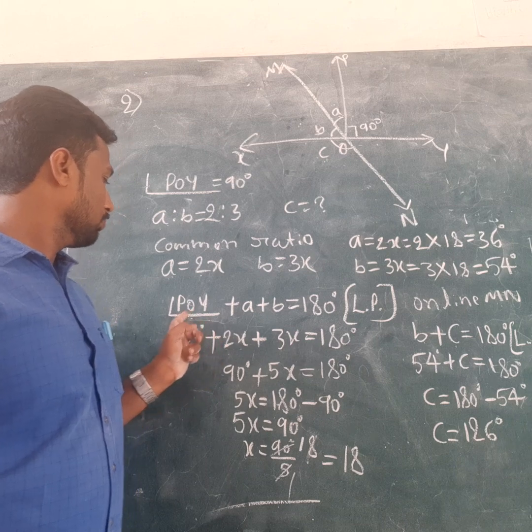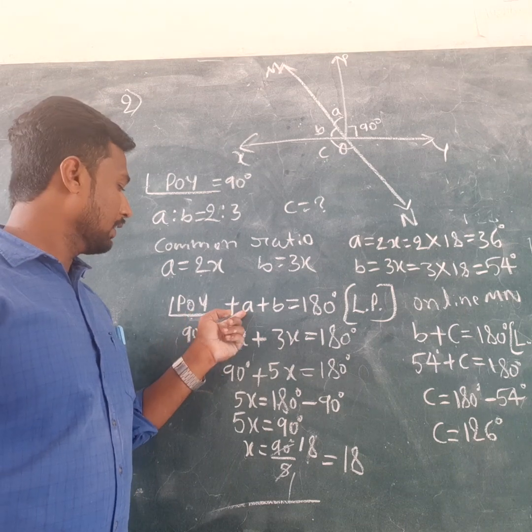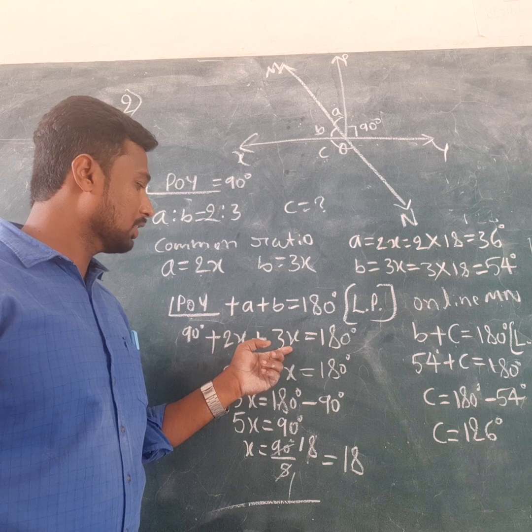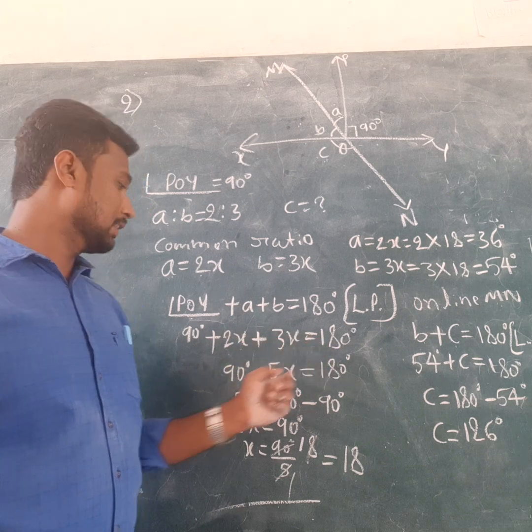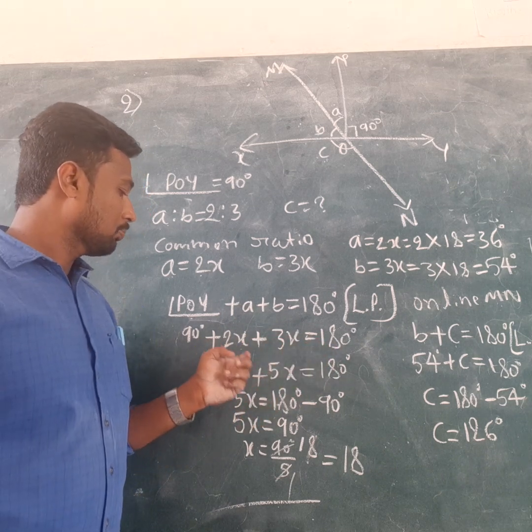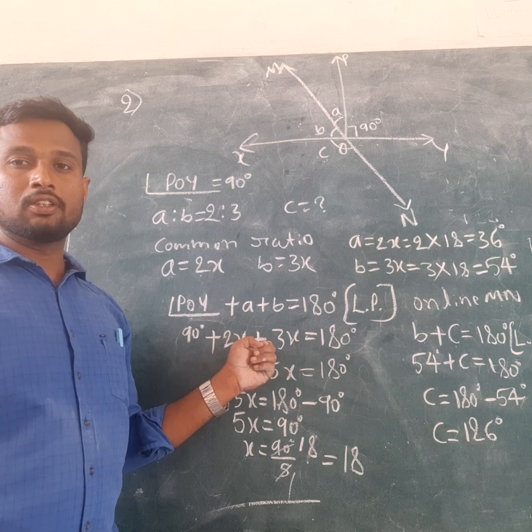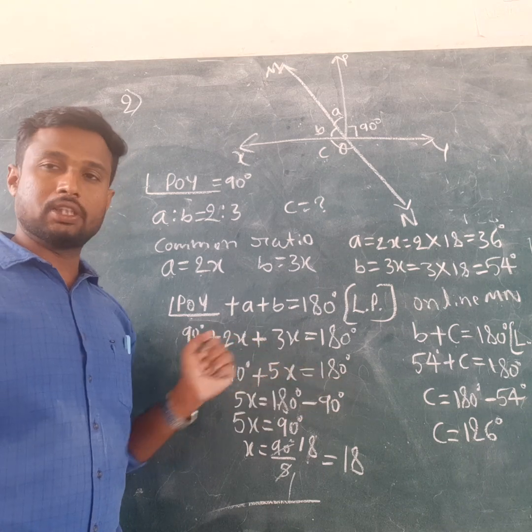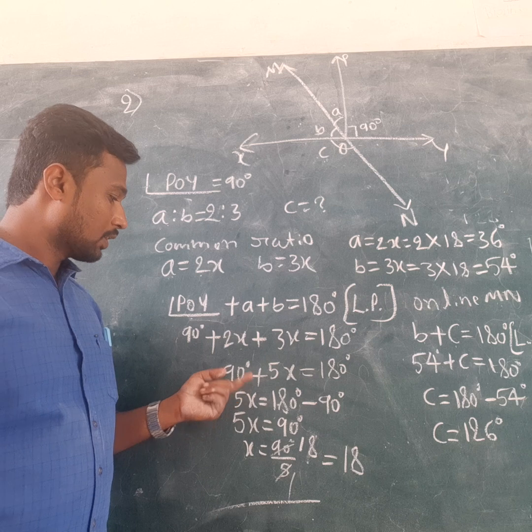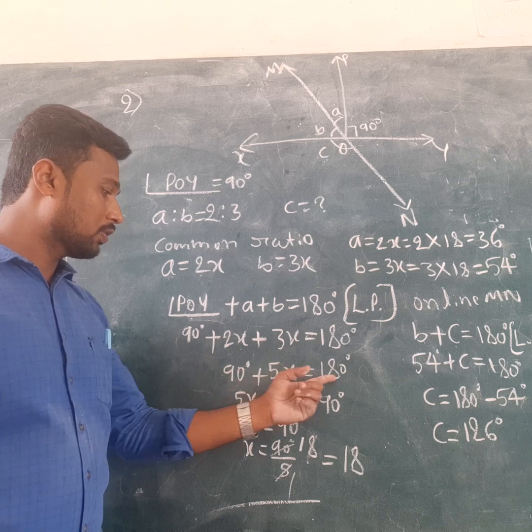So 90 degree plus 2x plus 3x means 5x is equal to 180 degree.